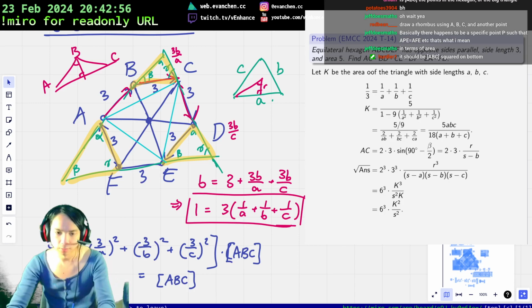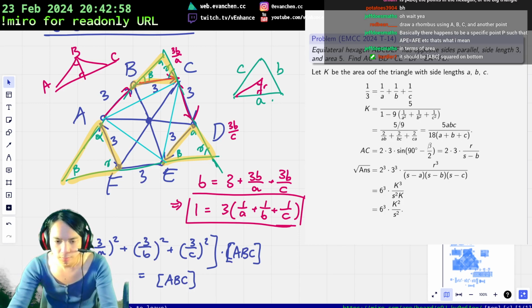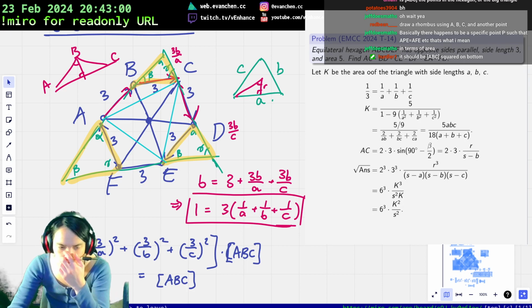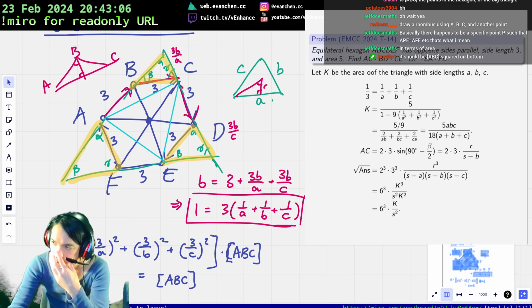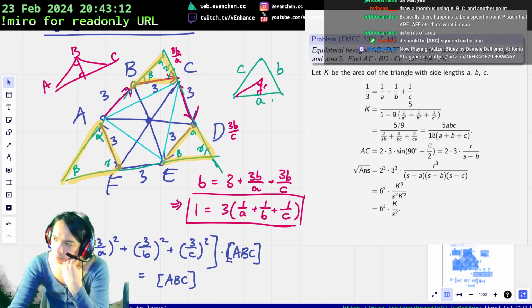Yes, thanks. Yeah, honestly, I should be using like X and Y instead of 3 and 5 or something, so that I can actually do the dimensional analysis.